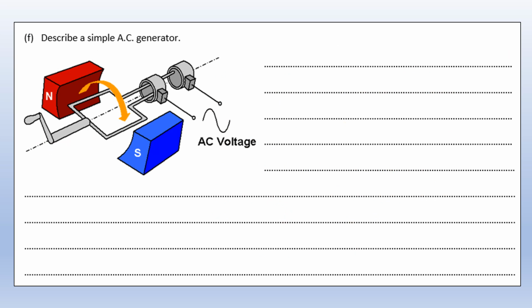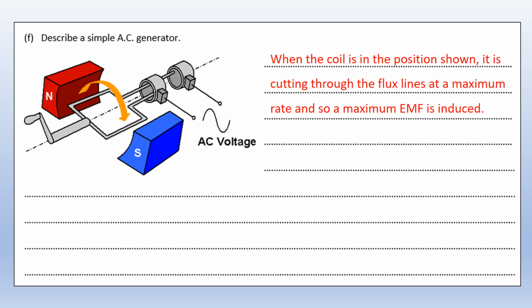So power stations, obviously we want to be able to generate electricity, which means we're inducing an EMF. It's a very similar setup to an electric motor, but with a couple of differences. When the coil is in the position shown, it's cutting through the field lines at maximum rate. The field lines, I imagine them going from north to south.